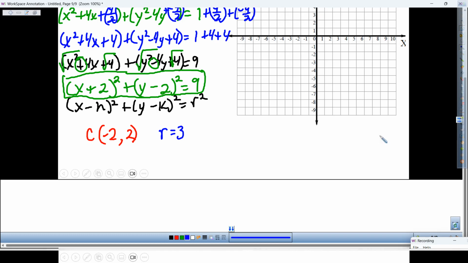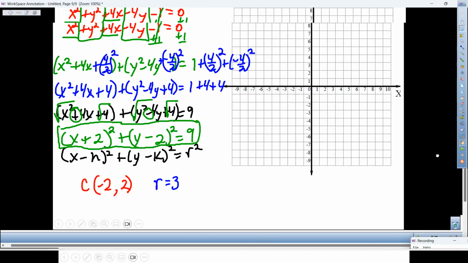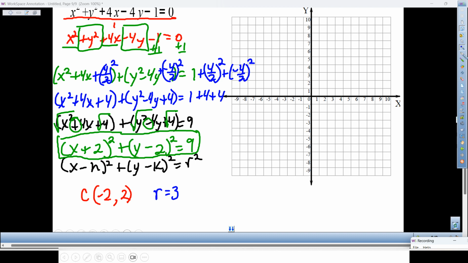All right. So now that we have our center and our radius, let's graph that. Negative 2, 2. Negative 2 and 2 is right there. And our radius is 3, so 3 steps up, 3 steps to the right, 3 steps down, 3 steps to the left, and then your circle.